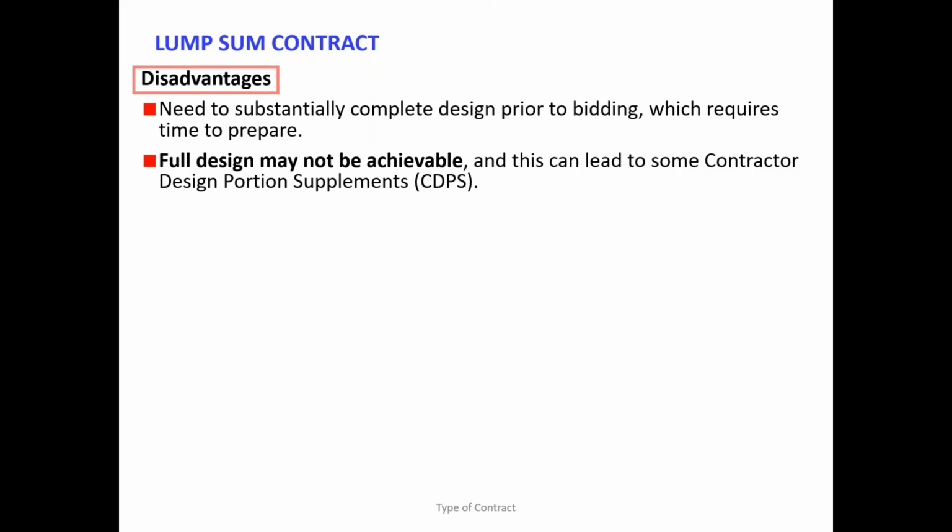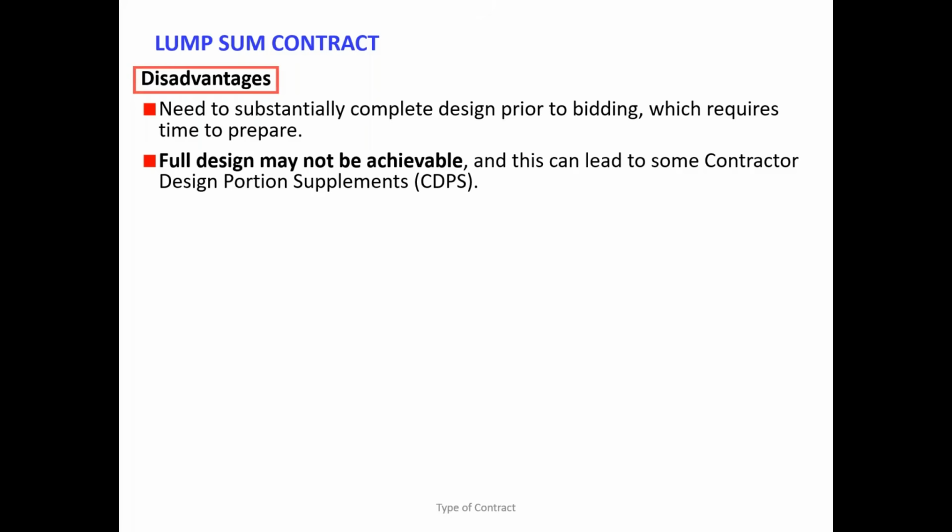So if that happens, you are not going to have the full design, so cost certainty and time certainty will be compromised in the later part. Sometimes some part of the design may not be done by the employer, where contractor involvement is needed. That will go under the CDP. What is CDP called? Contractor Design Portion.